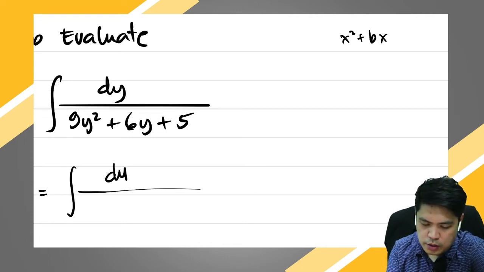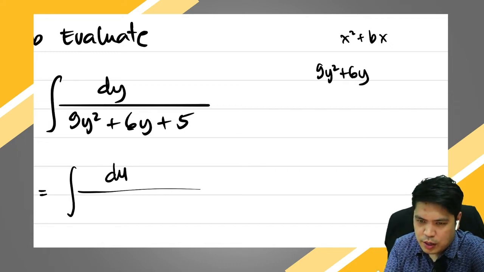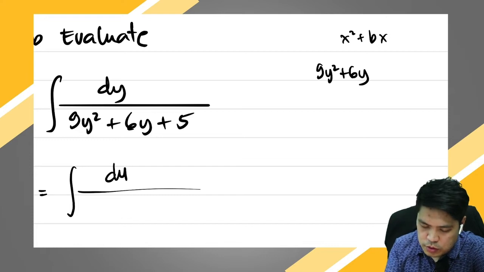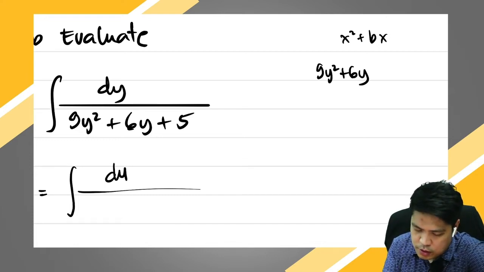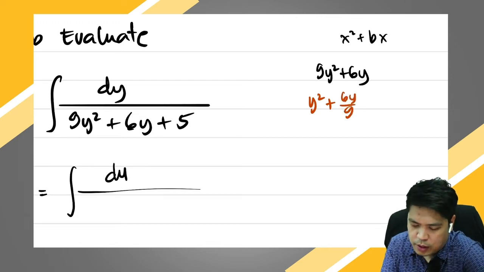Okay, let's make this a perfect square trinomial. Oh no, eto lang. So if we consider 9y squared plus 6y, what should we add para maging perfect square trinomial siya? So if we divide all terms by 9, this would become y squared plus 6y over 9.